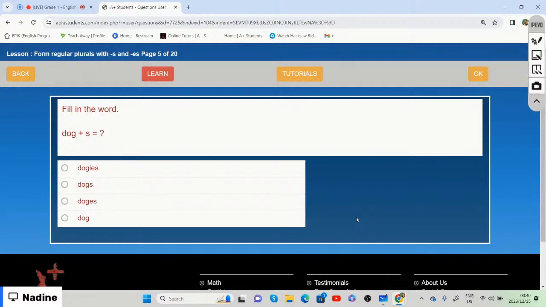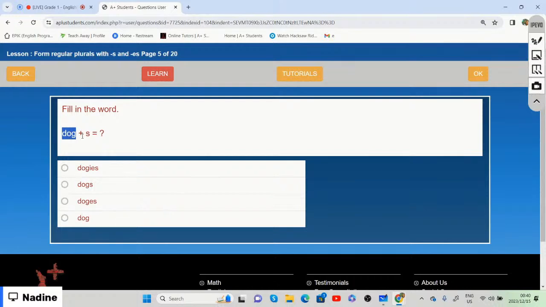All right, then we have one dog, right? So dog plus S. We need to fill in the correct word, right? It's like saying it's one dog plus S, which will show that there is more than one dog. So is our answer doggies, dogs, doggers, or is it just dog?